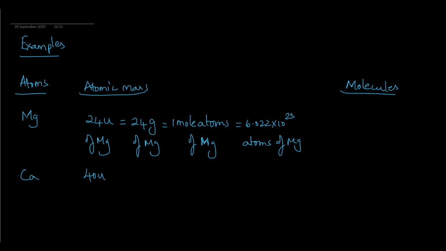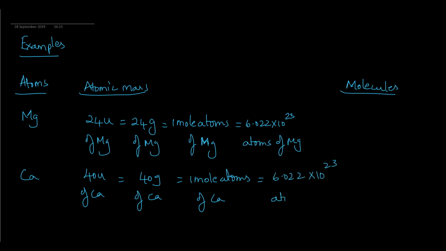It is 40U. 40U of calcium will be equal to 40 grams of calcium, which will be equal to 1 mole atoms of calcium, which will again be equal to 6.022 into 10 to the power of 23 atoms of calcium. Can you understand the difference between atomic mass and molecular mass? If you are familiar with atomic masses and molecular mass, you can easily understand how to write Avogadro's number according to atoms or molecules.